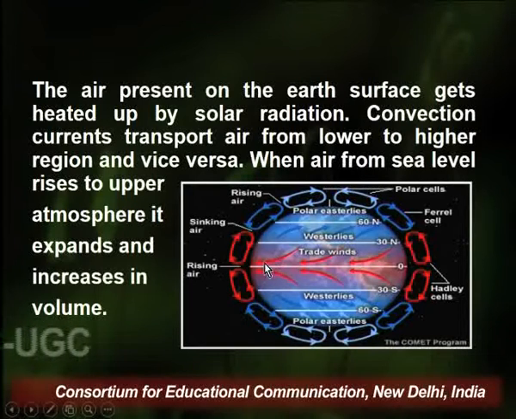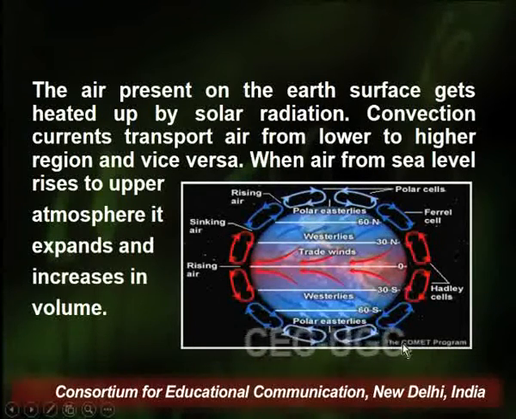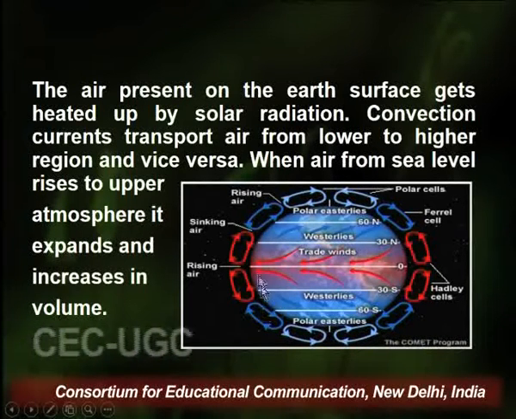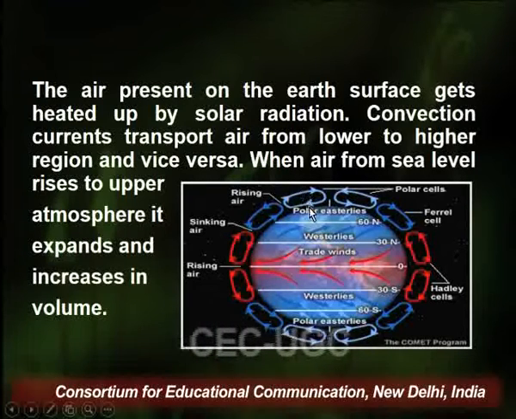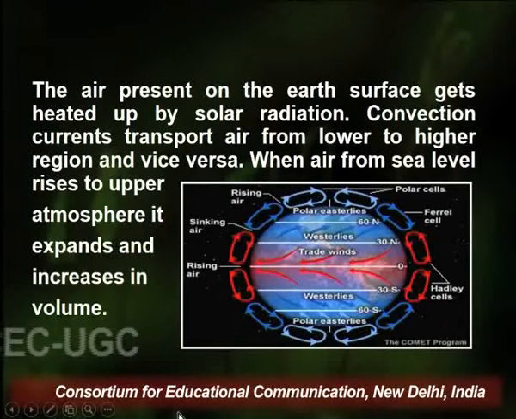Here you can see that the Earth's surface is heated up by solar radiation, due to which convection currents are formed and transport air from the lower to the higher region and vice versa. When air from the sea level rises to the upper atmosphere, it expands and increases in volume.